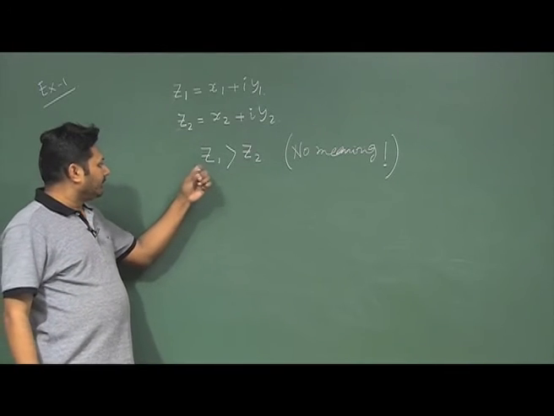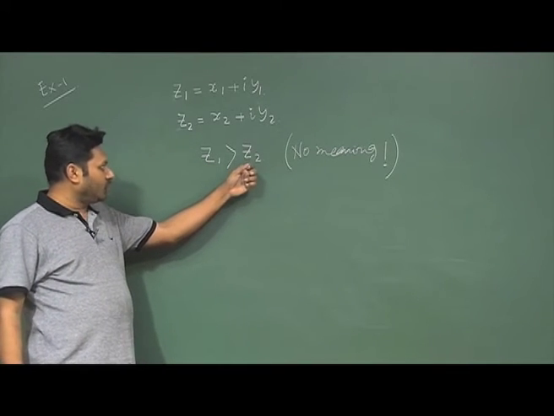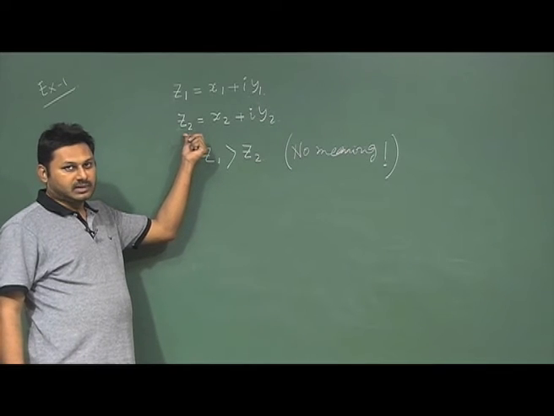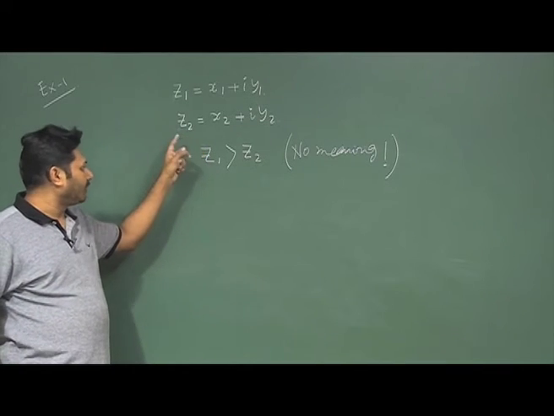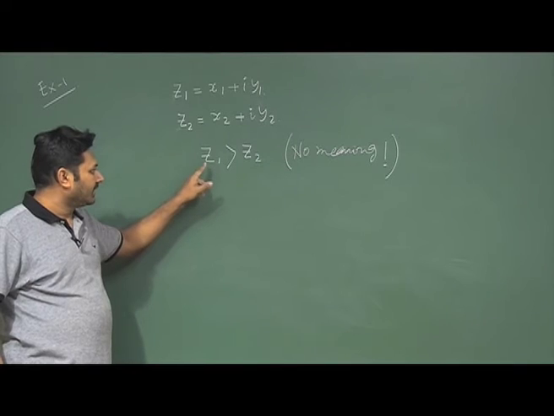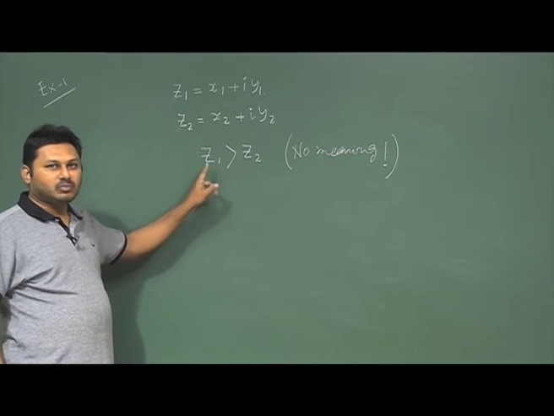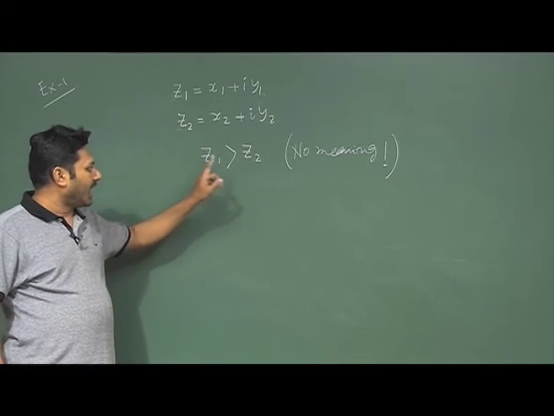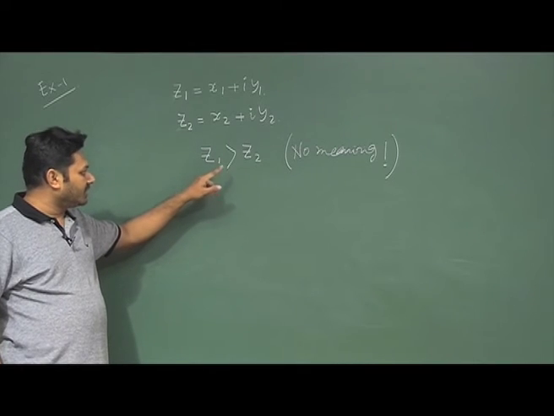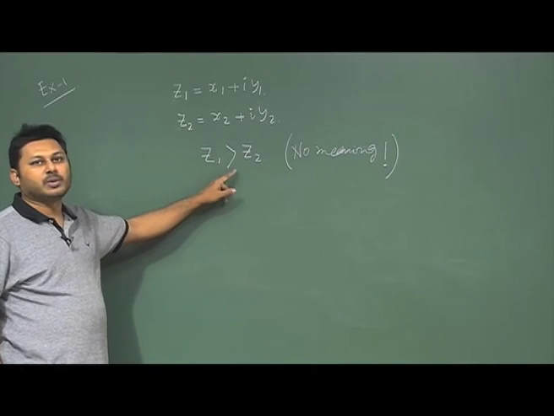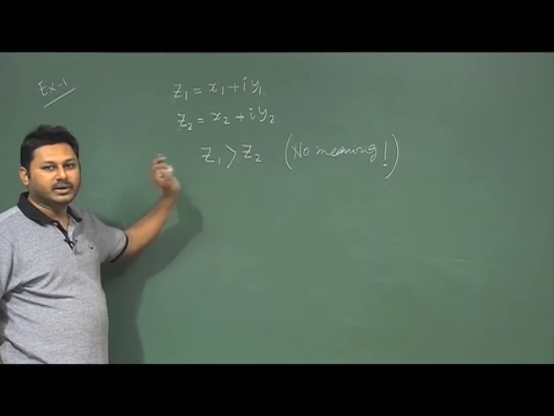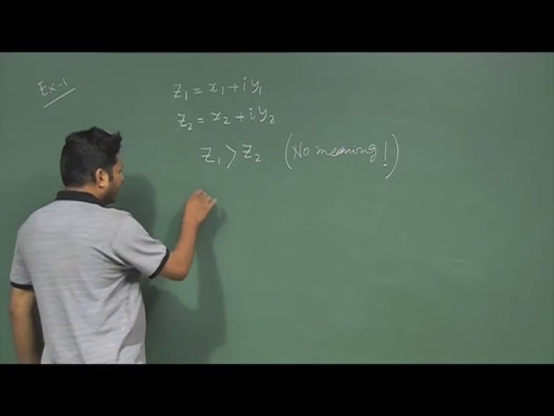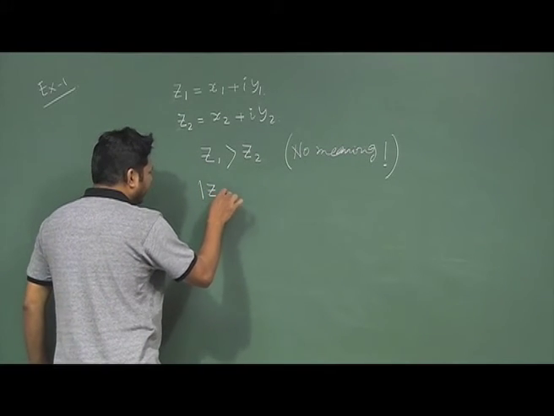Why? Because z1 and z2 are merely points. I will show that in the next class. So I should not compare point to point. This is one point and this is another point, and I am not able to say which point is greater than which, because both are defining a point.